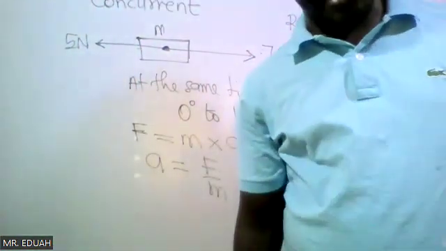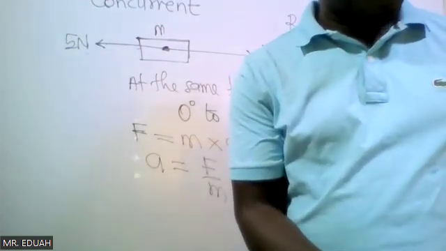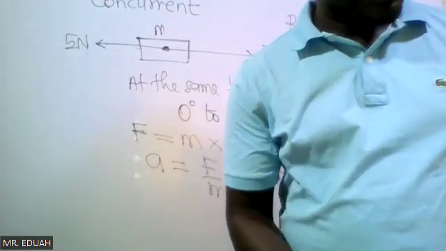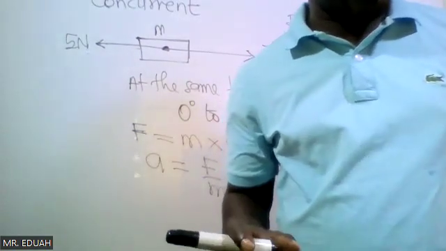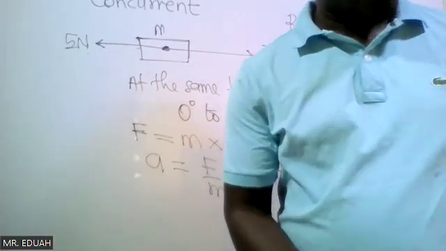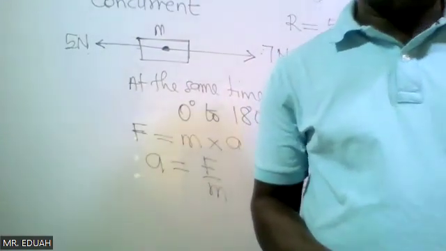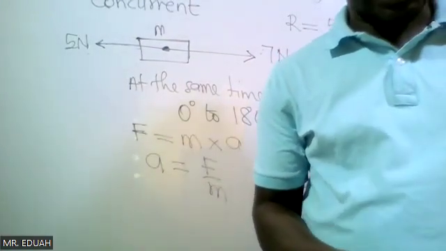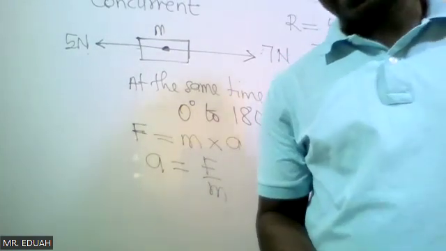All right, and then 3. A 6 Newton force and 8 Newton force act concurrently on a box located on a frictionless horizontal surface.